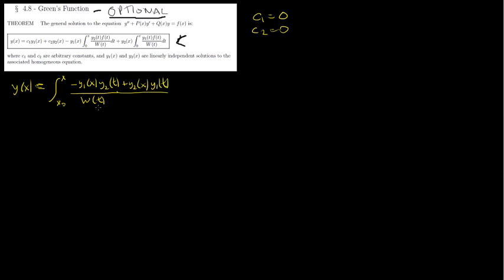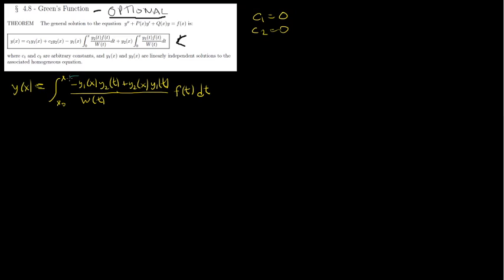And then just add, because we have the same denominator, W of t. Now, all of this is going to multiply f of t with respect to t. Okay, so now we have our solution in a somewhat more compact form, again assuming that these c's are 0 here.